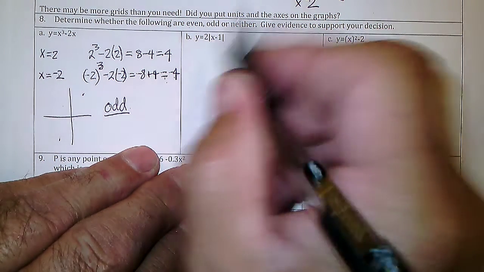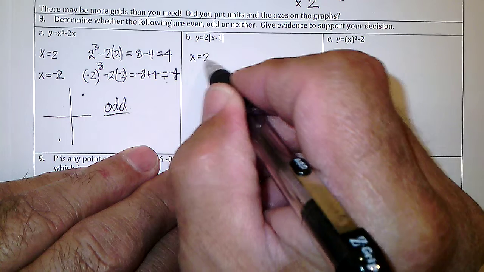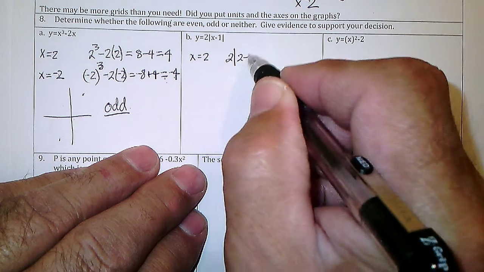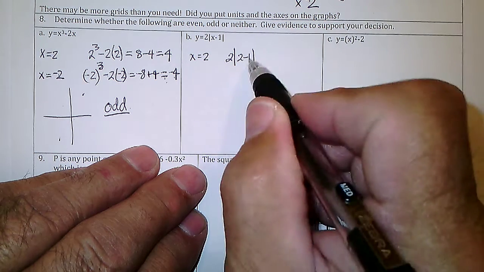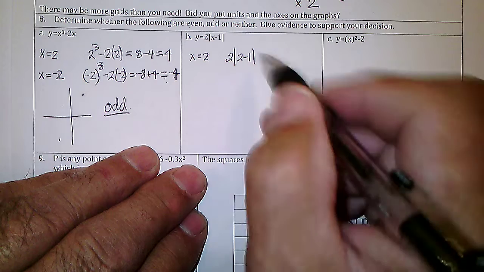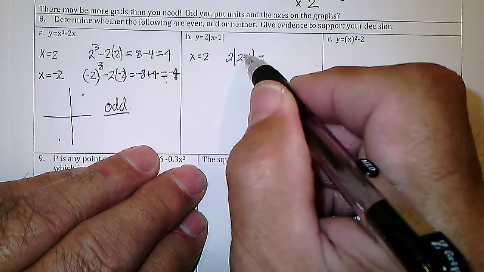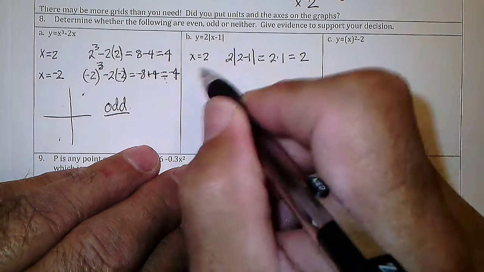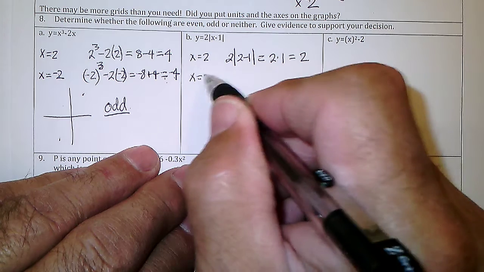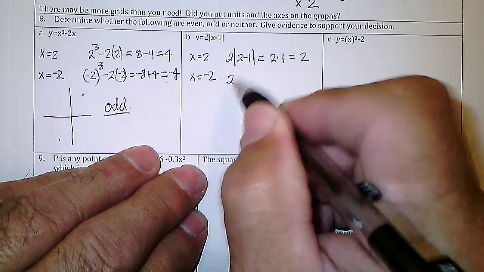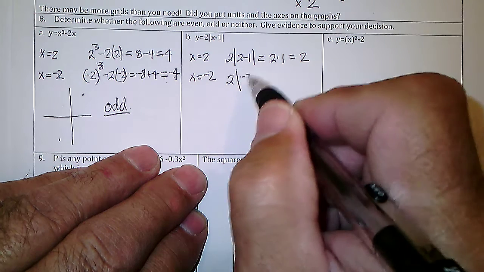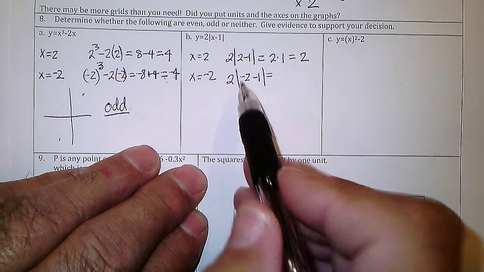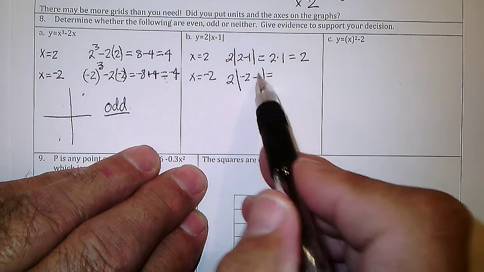Let's go to this one. When x is 2, we get 2 absolute value of 2 minus 1. 2 minus 1 is 1. The absolute value of 1 is 1, so I have 2 times 1, which is 2. Now if we do minus 2, we have 2 absolute value of -2 minus 1. And now the absolute value works after you do this.